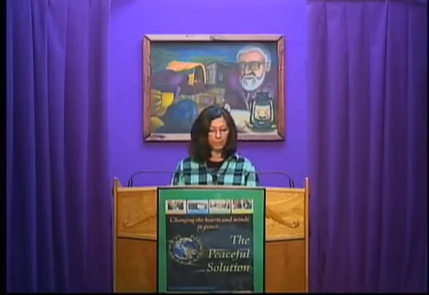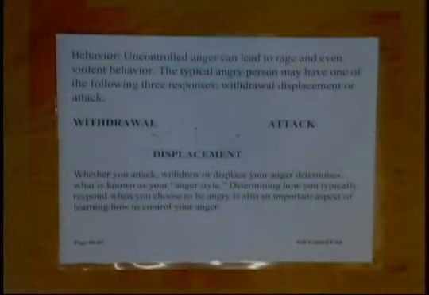Wow. So I wanted to go back and show my first slide, okay? The first slide on the screen. And remember, this is page 66 and 67 of the self-control unit, the intermediate series, and it says, behavior: uncontrolled anger can lead to rage and even violent behavior. 6 years old here.